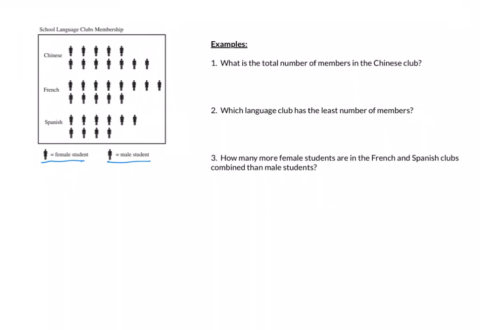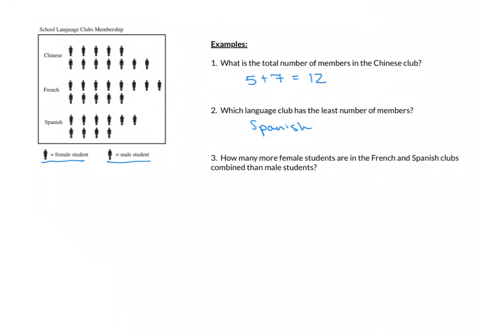Well, it looks like we have 5 female and 7 male. And so I get a total of 12. Okay, which student club has the least number of members? Looking at this diagram, it looks to me like the Spanish club has the fewest members.